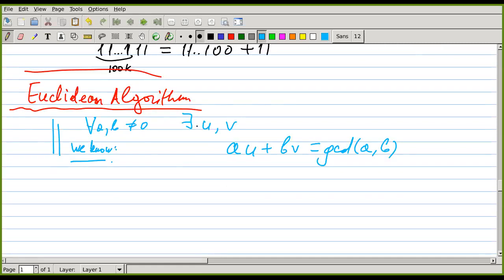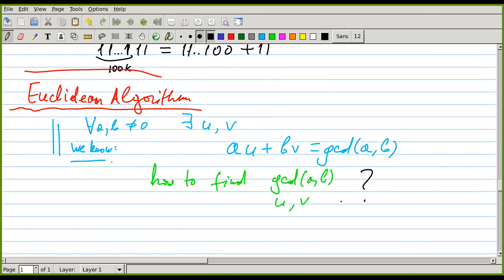But the problem is as follows: how to practically find the greatest common divisor of a and b and these numbers u and v? This question is important in the following respect.